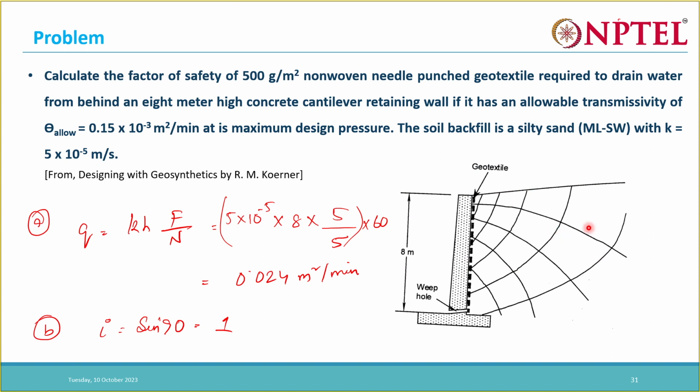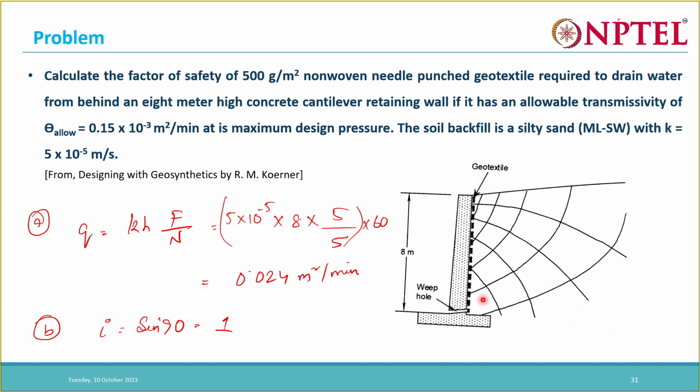Then one more problem we solved, which is a cantilever retaining wall. Behind the retaining wall we have a non-woven needle punched geotextile acting for drainage purposes. Similar to the previous one, here also we have to draw the flow lines and equipotential lines and then find out the flow.